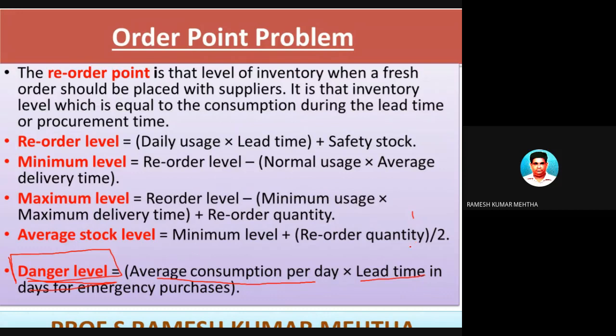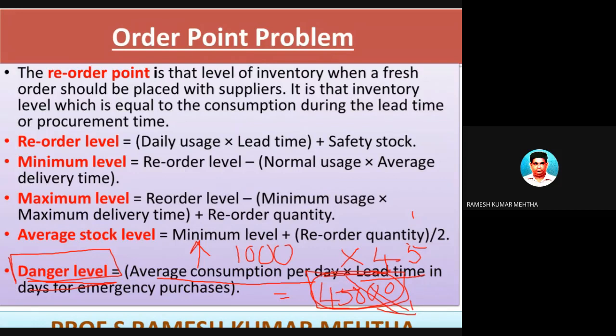The lead time in the case of Tata Motors from MRF is 45 days, and the average consumption is 1,000 tires every day, from the previous data. So what is the danger level here? 45,000. If the storeroom has above 45,000, it will work; if it comes below 45,000, there will be a problem.